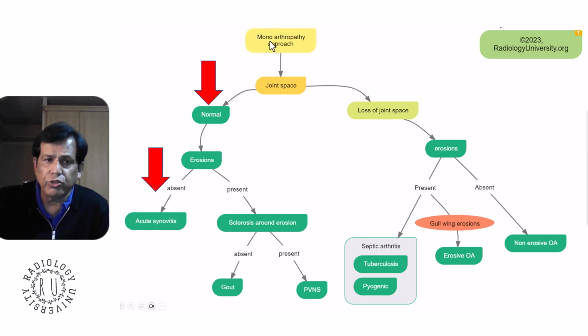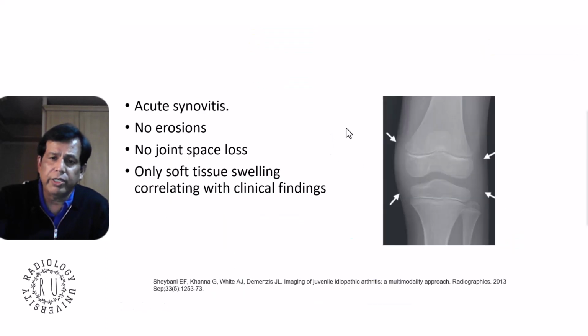The main approach is joint space, and the second big one is erosions. And this is where we go with monoarticular arthropathy. So as we discussed, there were no erosions, the joint space was not lost, and there was some soft tissue swelling which was correlated clinically.